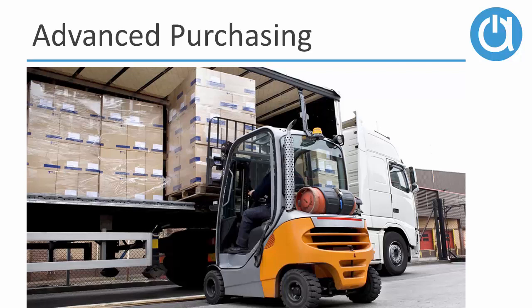And we believe we have the best purchasing system in the market, allowing you to do drop shipments, special orders, reorder from your stocking levels, and track those serial numbers and lot numbers from your vendors. It also lets you purchase in one unit of measure and stock and sell in different units of measure. We've added a lot of functionality in purchasing over the years, and I think you'll see that we've enhanced that a little bit in version 10 as well.